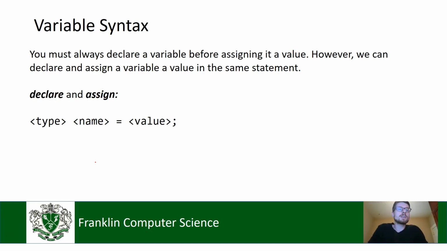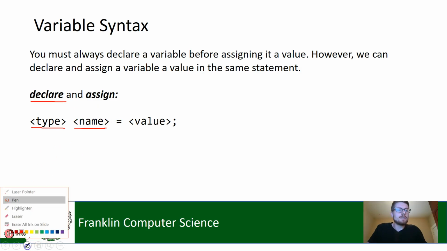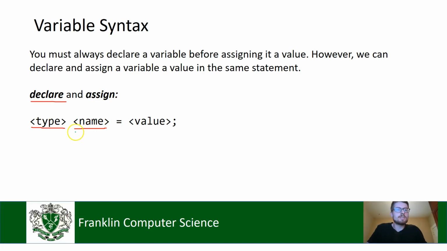So this is how you can declare and assign a variable. Here's the declaration part, where we have a type and a name. And then here's the assign part, the name equals value.